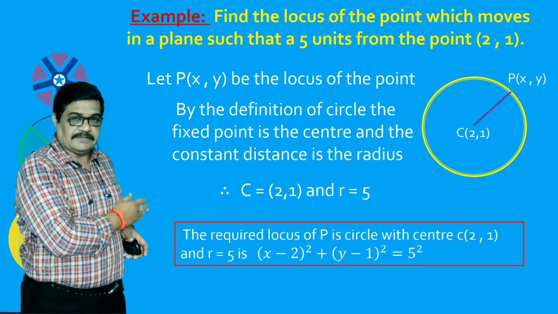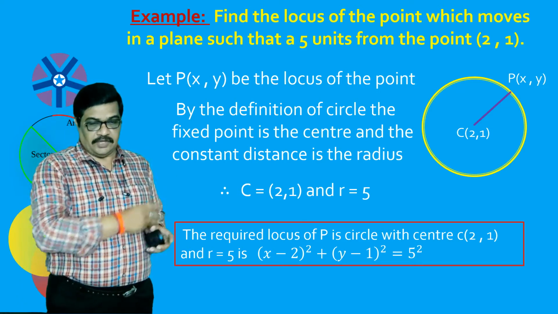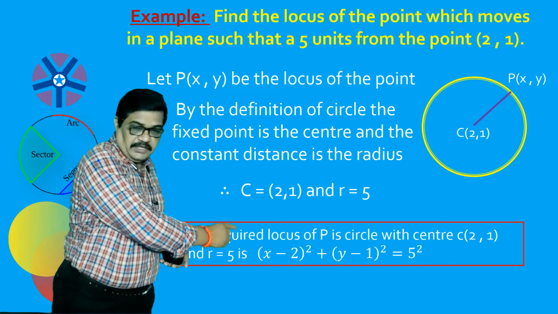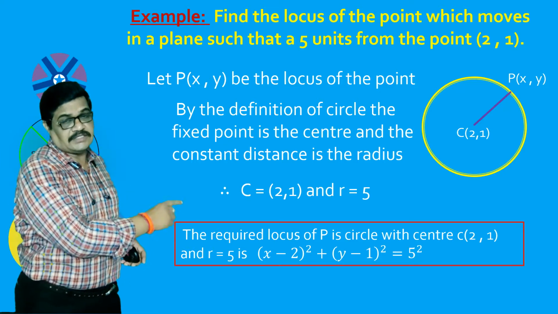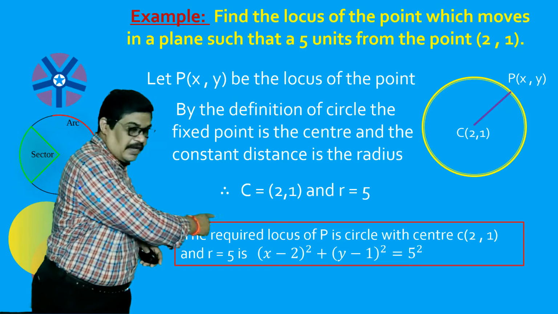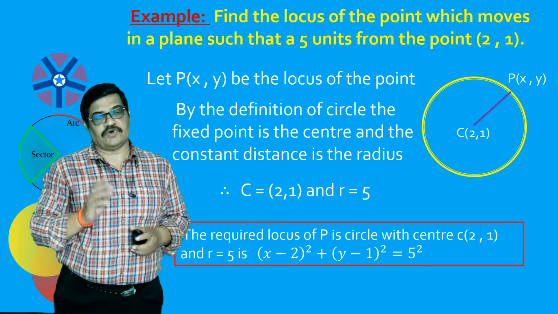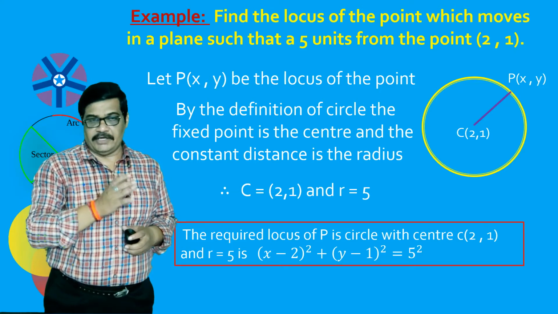We get the circle equation that represents the locus of P. Therefore the required locus of P is the circle with center (2, 1) and radius r equal to 5: (x minus 2) whole squared plus (y minus 1) whole squared is equal to 5 squared. So this is the locus of the point P.